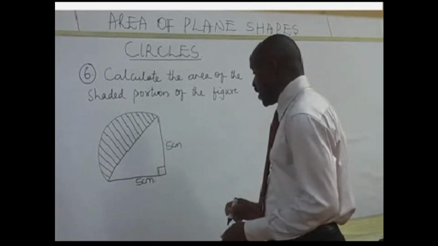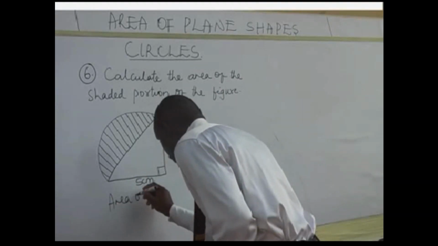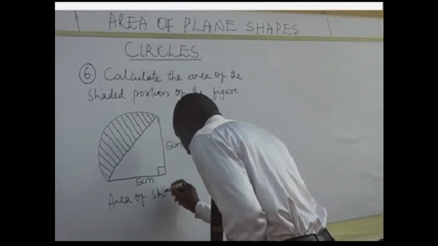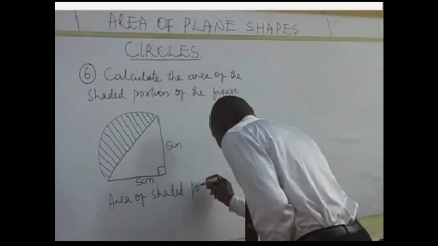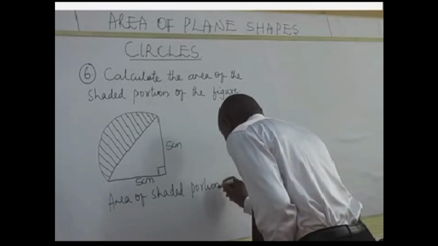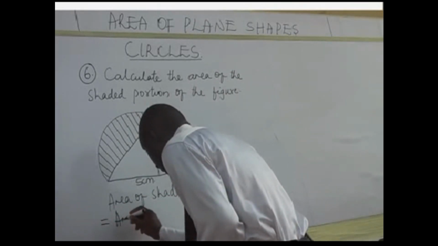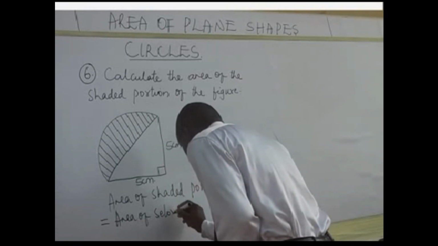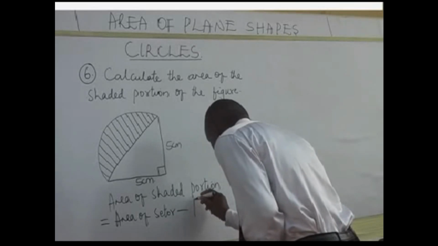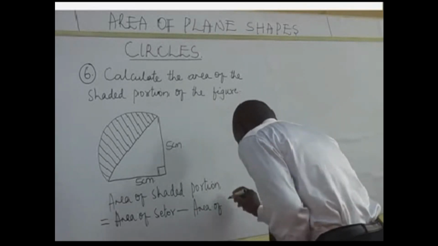So area of shaded portion will be equal to area of sector minus area of triangle.